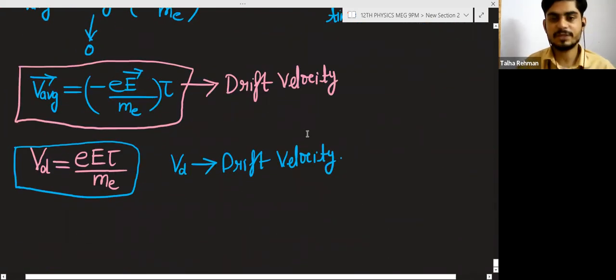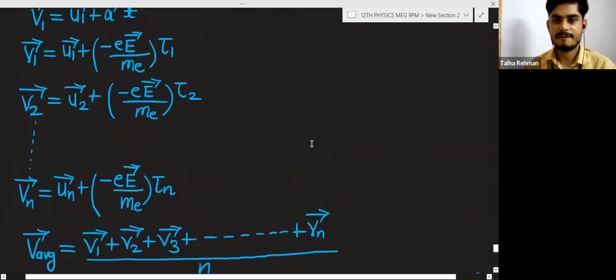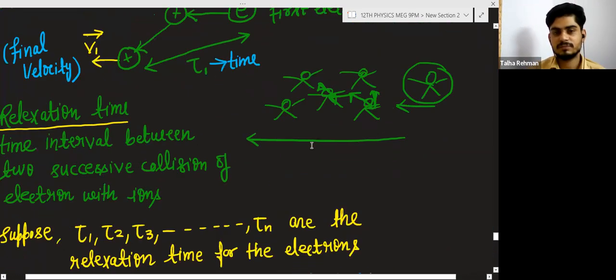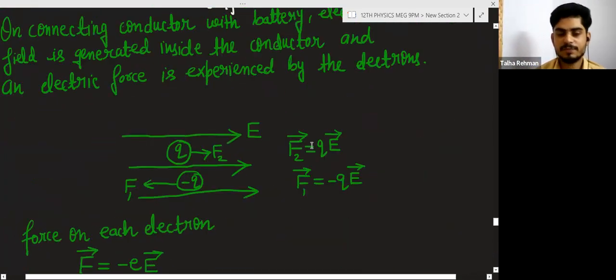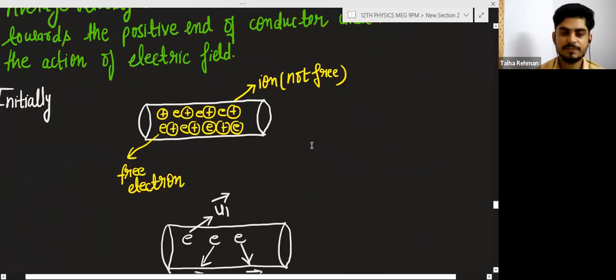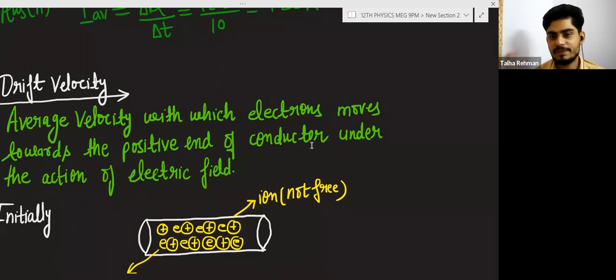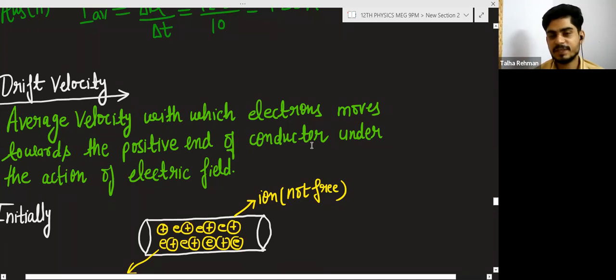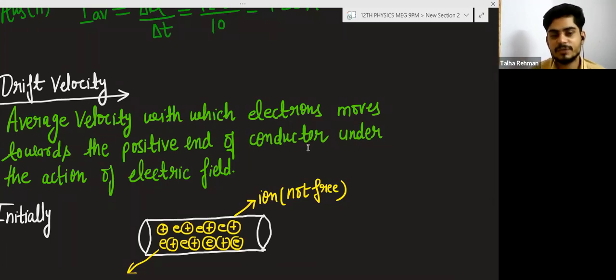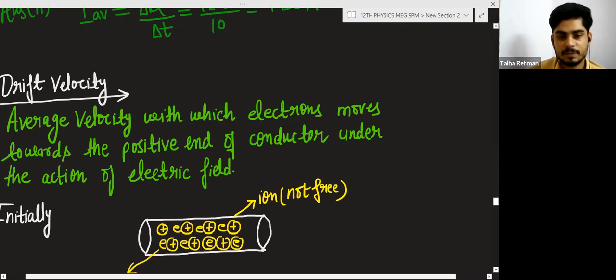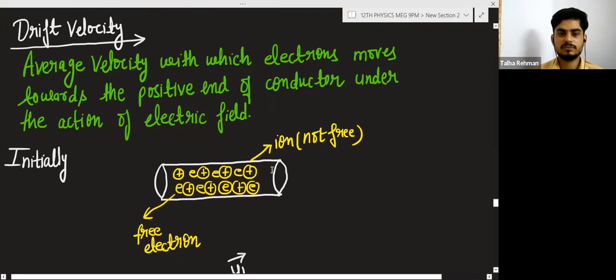So this is the derivation for the drift velocity. First we calculated the force, after that the acceleration. From that acceleration we defined a relation between the initial and the final velocity, and after that we calculated the average final velocity, and that is known as the drift velocity. Please note it down.